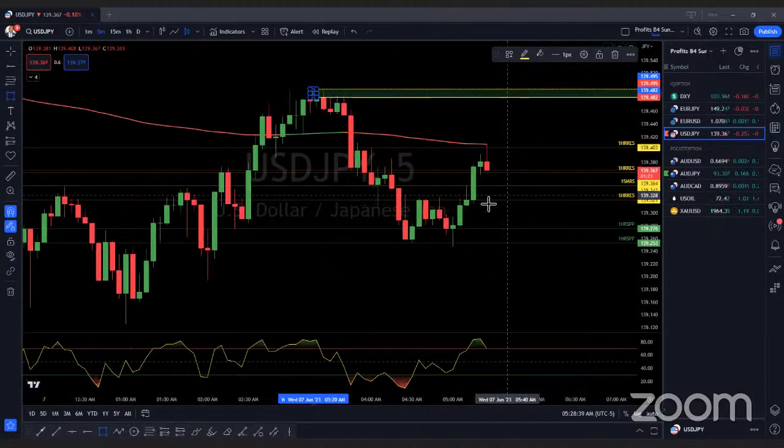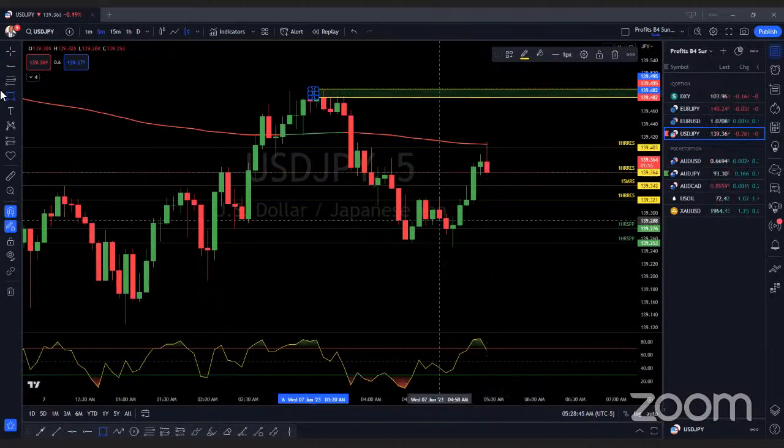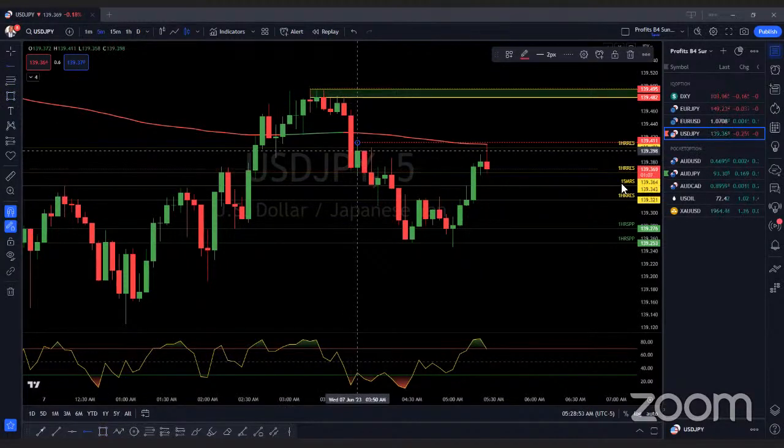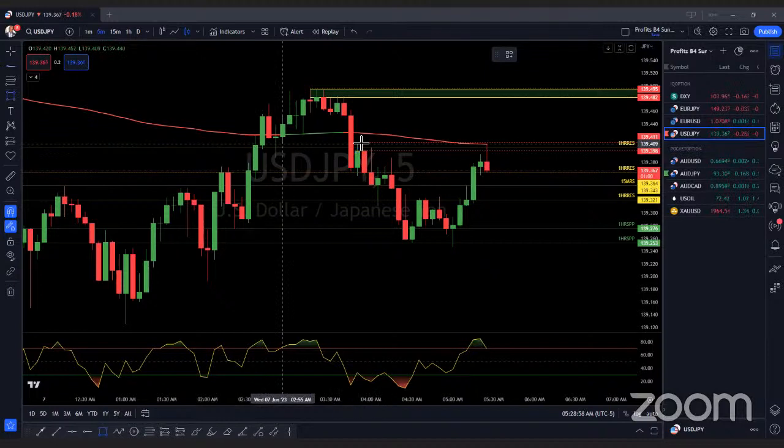So the 5:25 candle is the one that's giving us the drop right now. A little bit too early for us, but let's just see. We could be respecting this area right here. We're respecting the 1 hour resistance, guys.